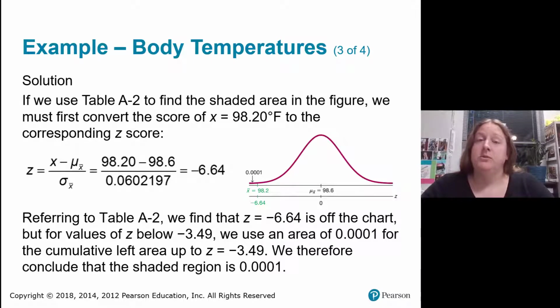So 98.2 minus 98.6 divided by our standard deviation of our sample means is going to give us a z-score of negative 6.64.